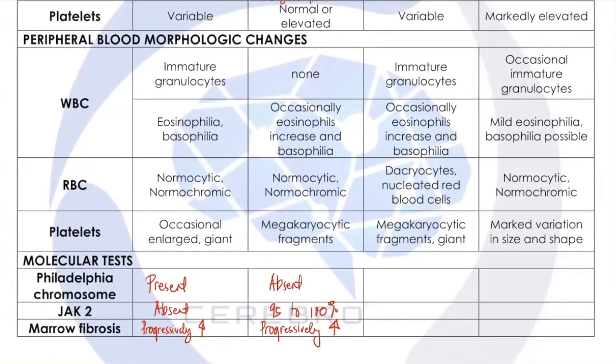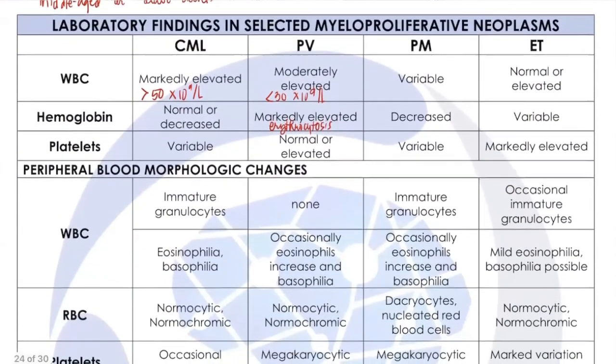Okay. Next, we have PM. PM here means primary myelofibrosis. So here the WBC is variable. Hemoglobin is decreased. The platelets are variable.